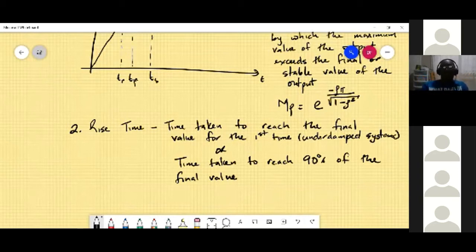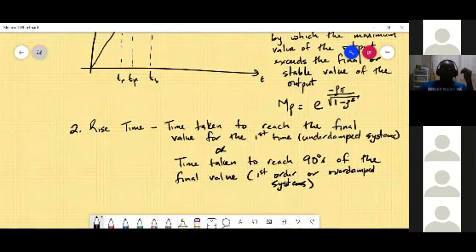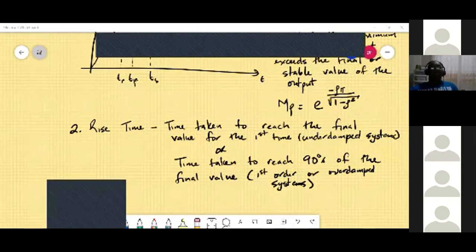So this is for first order or overdamped systems. All right, so the rise time is the time it takes to reach 90% of the final value.